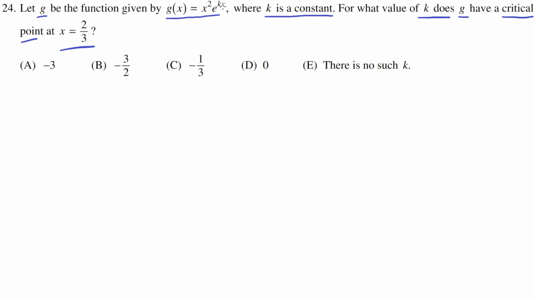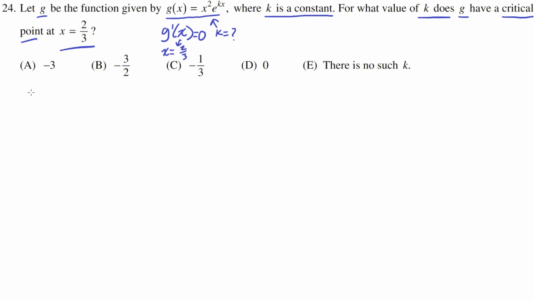So we have this constant k in this function for g of x, and we need to find out what k should equal so that g of x has a critical point at x equals 2/3, meaning for what value of k does g prime of x equal 0 when x equals 2/3?